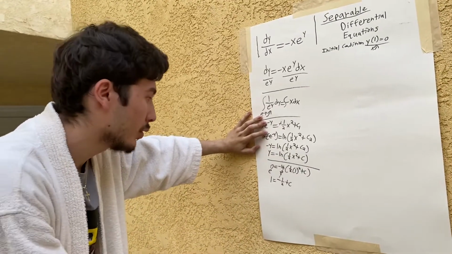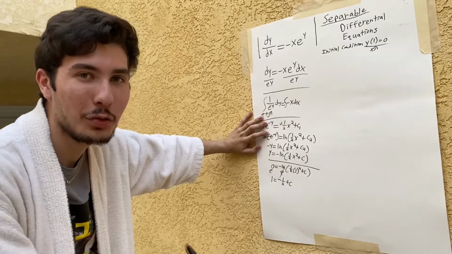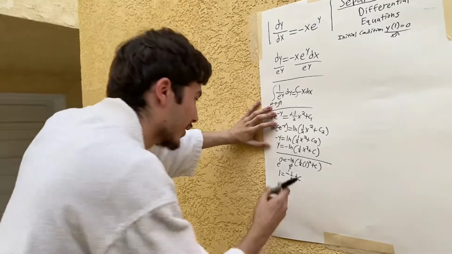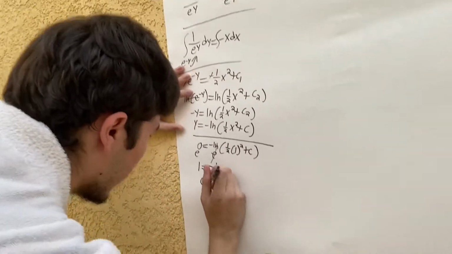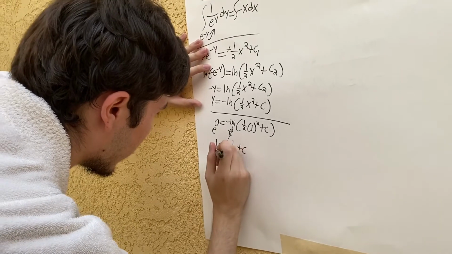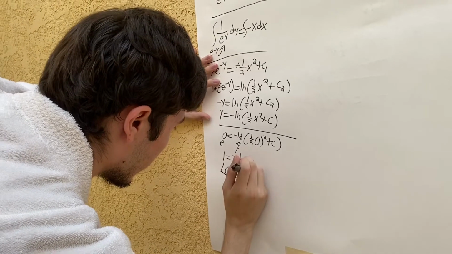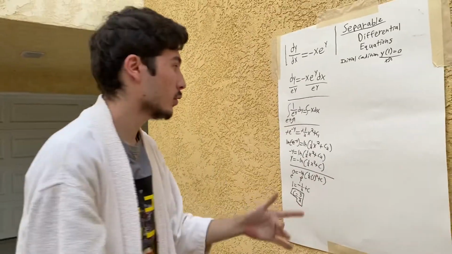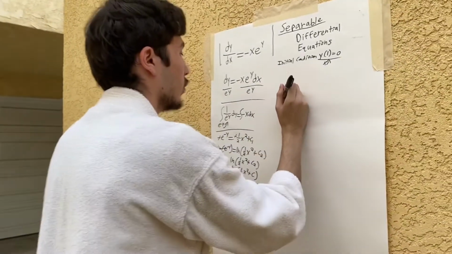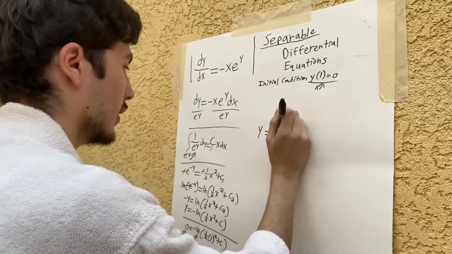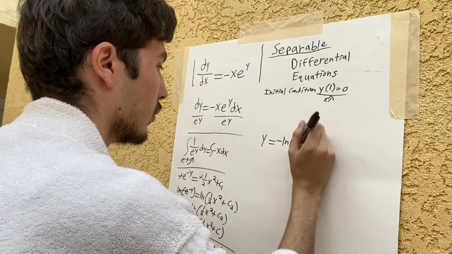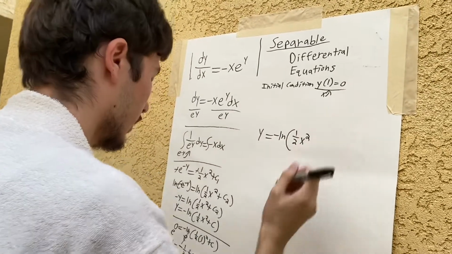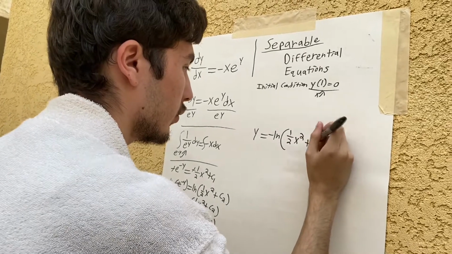Well, 1 and 1/2 minus 1/2 should be 1. So c is going to equal 3/2. So now that we have our initial condition finished, the final equation is going to be y equals negative ln of 1/2 x squared plus 3/2.